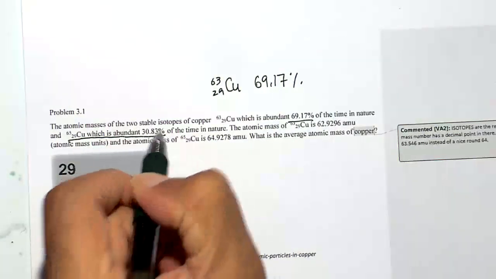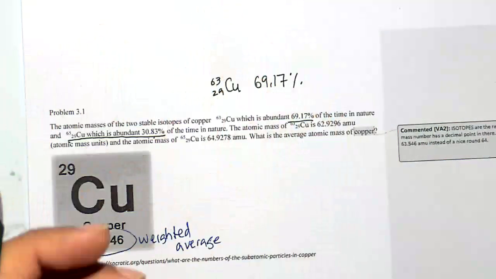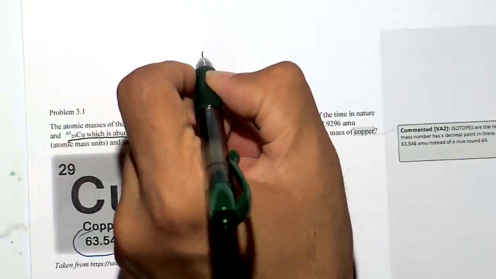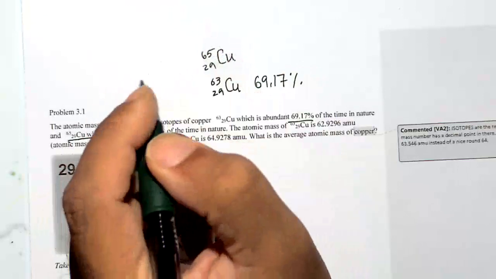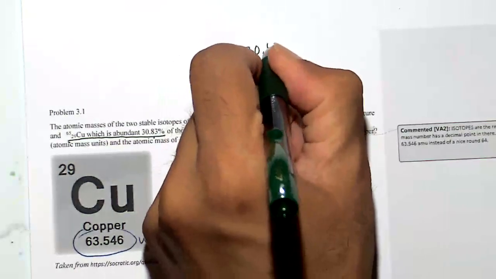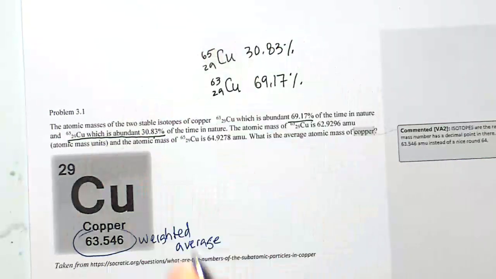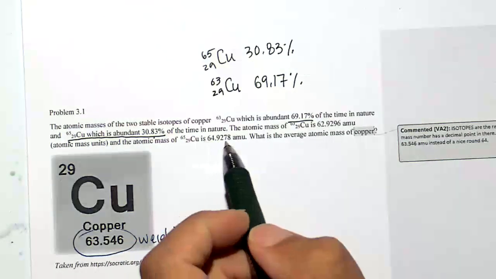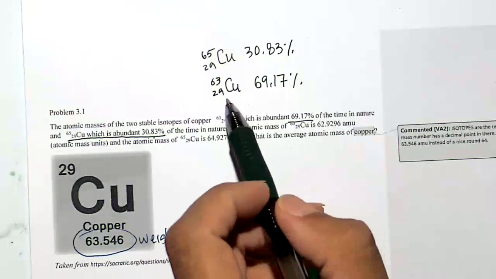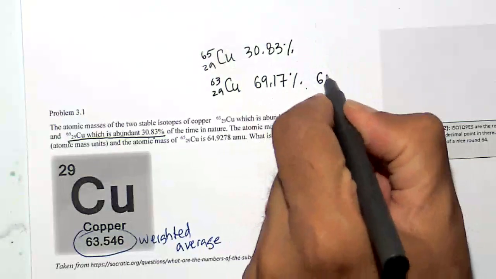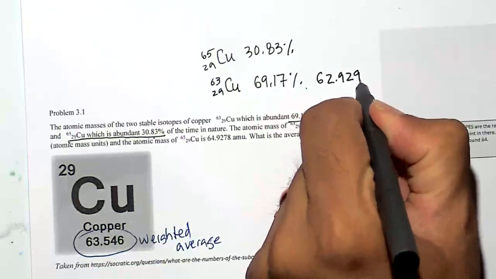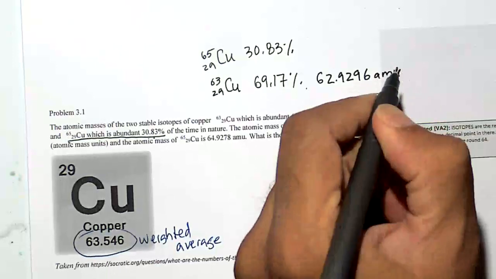Everyone see that? I'm just writing this out here. We're doing a weighted average problem. The atomic mass of copper-63 is 62.9296 AMUs.